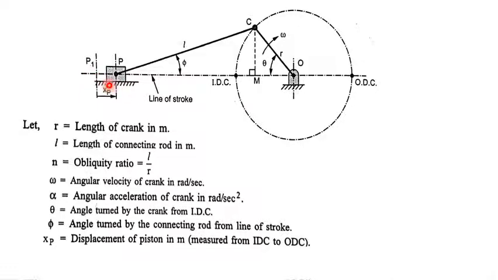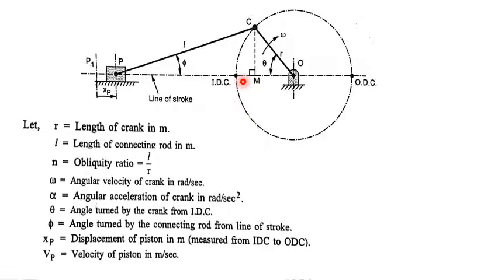It is in meters and measured from the inner dead center to the outer dead center, because whenever point C moves from the inner dead center to the outer dead center, there is a displacement of the slider or piston. Therefore xp is measured when it moves from IDC to ODC or ODC to IDC.